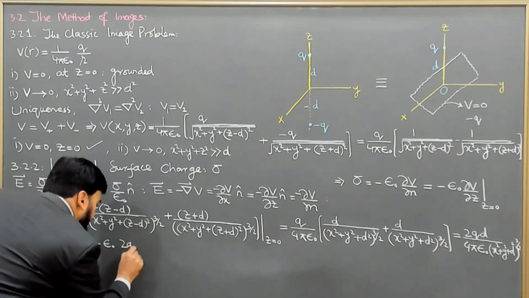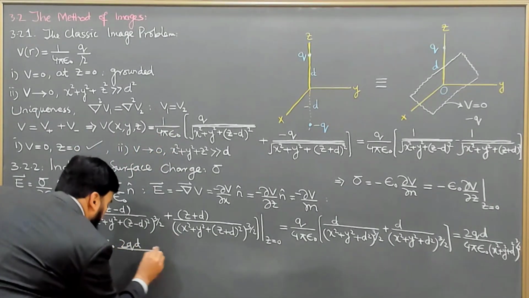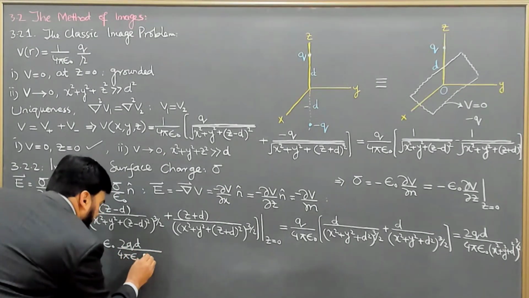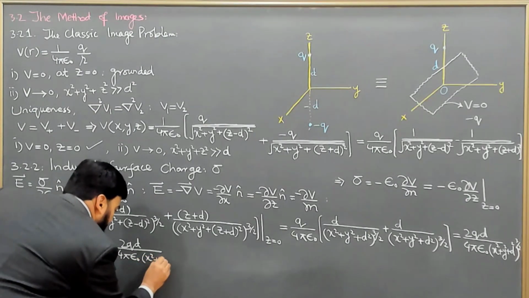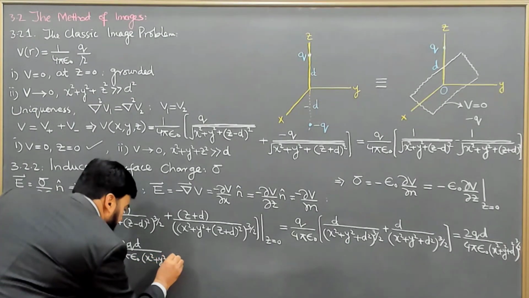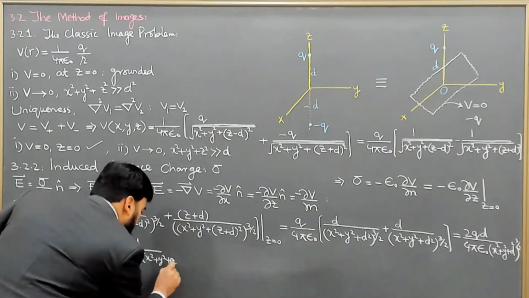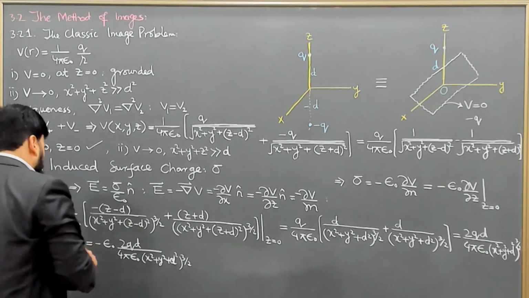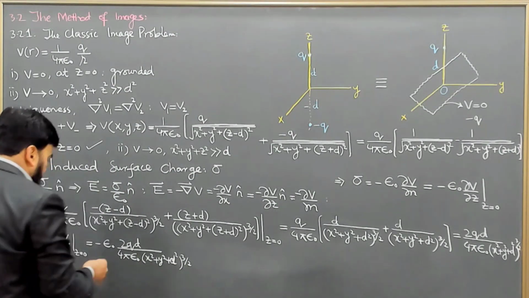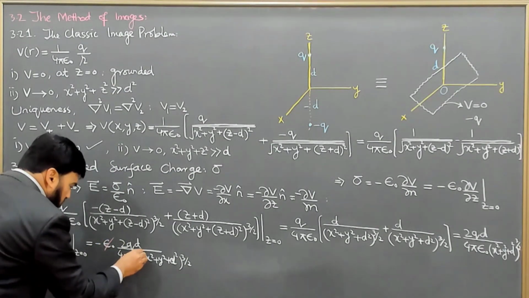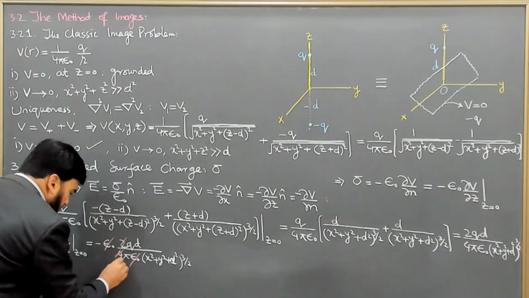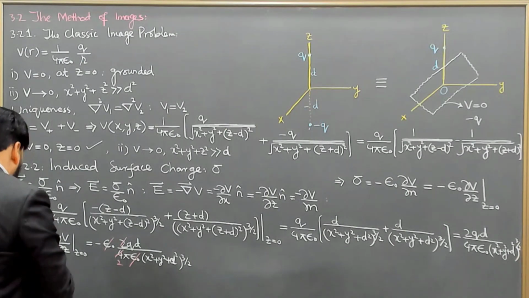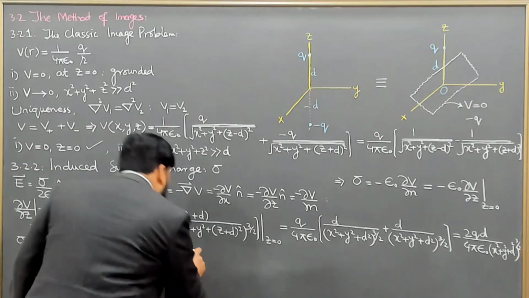This is 2qd divided by 4 pi epsilon naught and x square plus y square plus z plus d square 3 over 2. And now there is some simplification. Epsilon naught goes with epsilon naught, 2 goes with this 2. So we got the value of sigma.